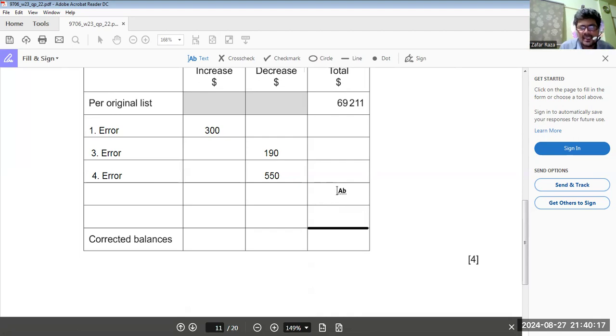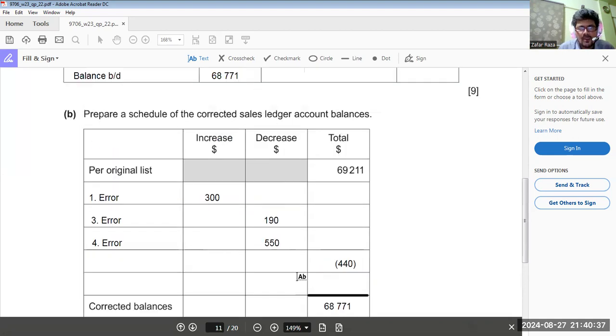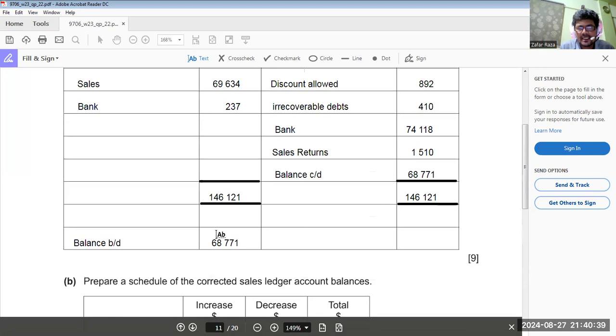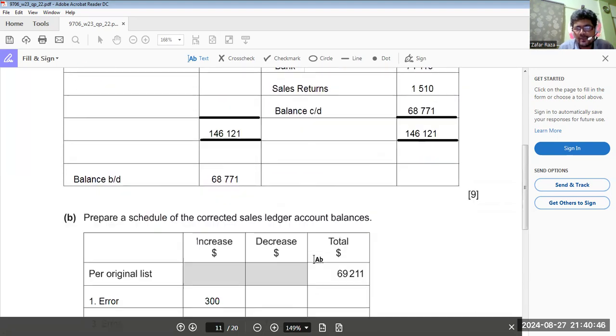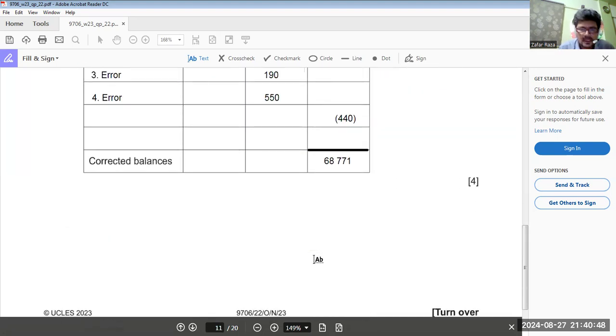So total decrease would be 440. So the correct amount would be 69,211 minus 440. The amount is 68,771. See. The balance will be 68,771, and we got 13 marks. 9 from here and 4 from here. Okay.